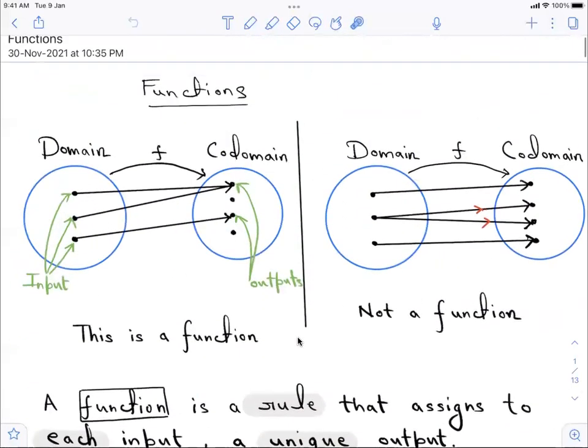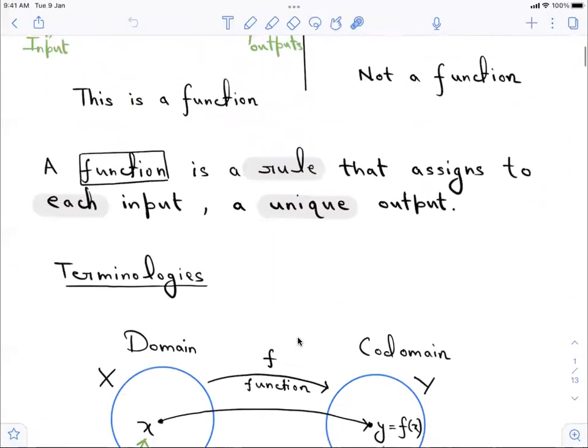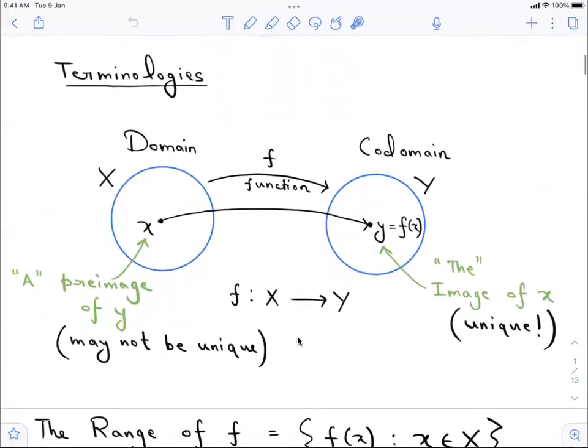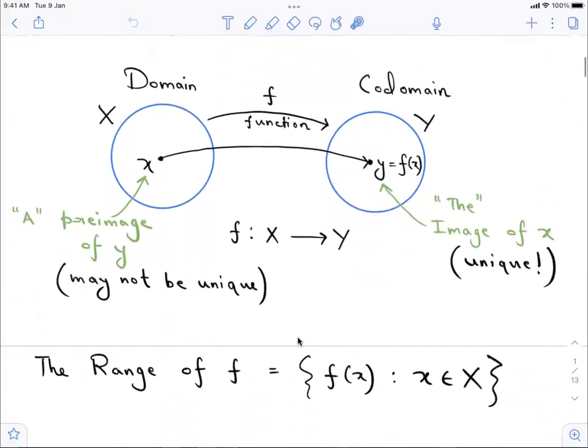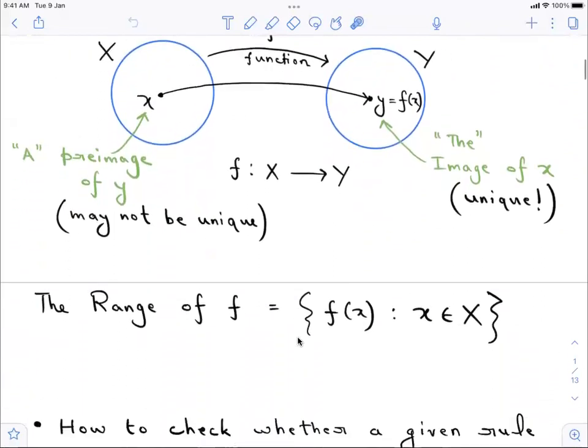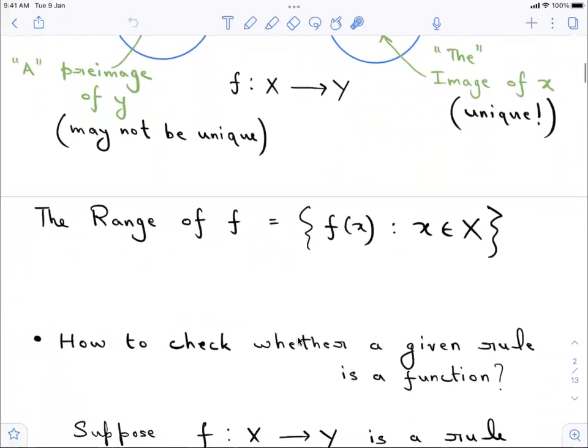For example, if we look at this function, so if this is y, then it has two pre-images, right? So such a function sometimes is called a many-to-one function. Okay, you already know these things. Just to recap, so image is unique, pre-image is not necessarily unique.